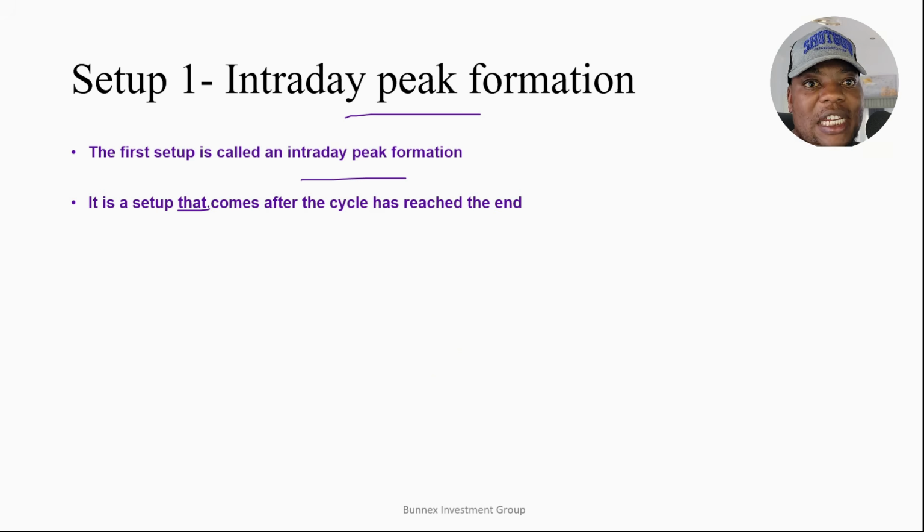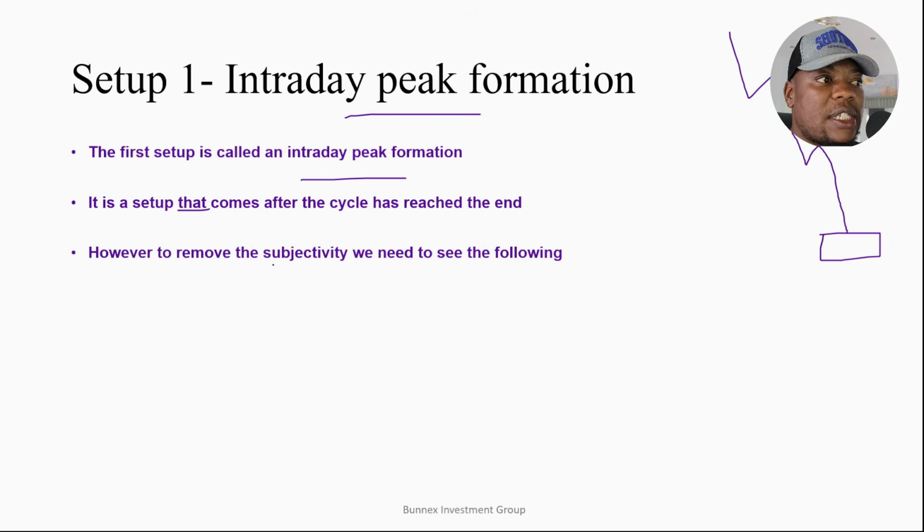I've emphasized that you are supposed to photograph that particular cycle that I showed you earlier, where we've said we have 3 impulses for us to reach the end. The end is where we will be looking for the M15 intraday peak formation. It's not going to be a W or an M pattern, but it's going to be different. So stay tuned. Don't click away to learn what this setup looks like.